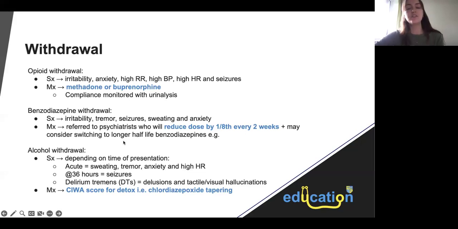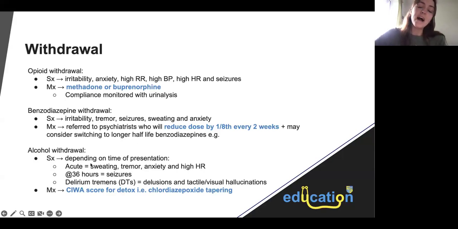So they're quite anxious, irritated, shaky. They might have tremors, and if they're very dependent, they can also get seizures. The management for benzo withdrawal is slightly different. You basically put them on a very controlled reducing dose of that benzo.